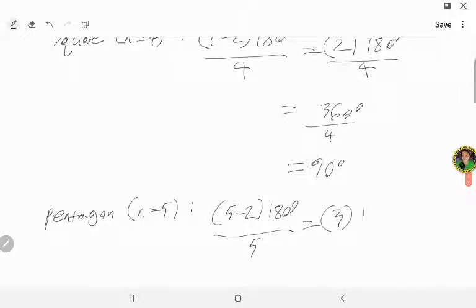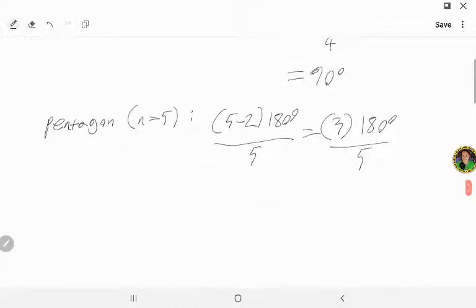So we get 3 times 180 degrees divided by 5. Unsurprisingly, that gives us 540 degrees divided by 5, which is going to give us the same 108 degrees we had gotten before.